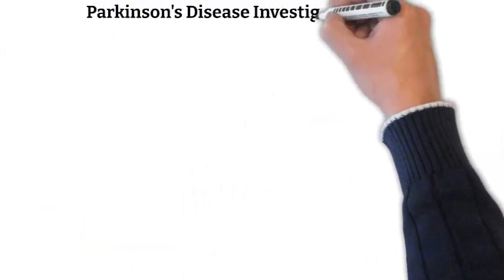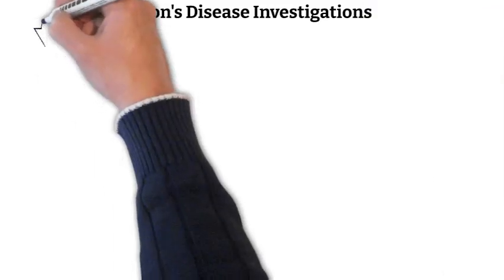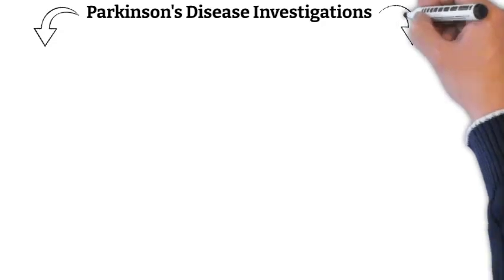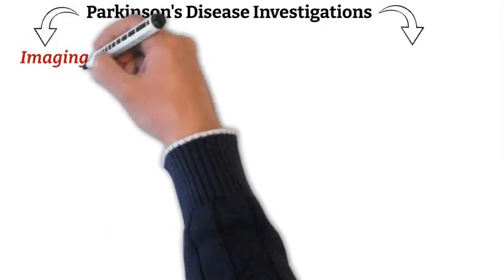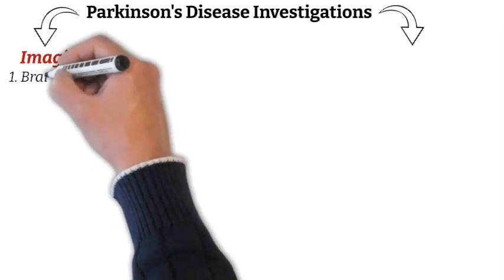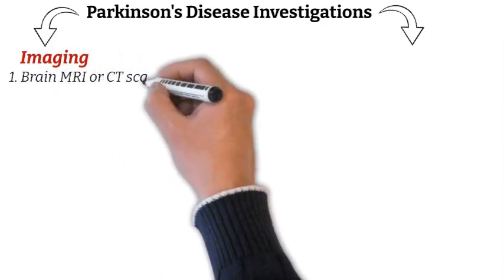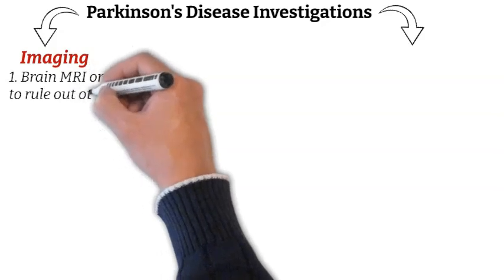Let's move on. Let's talk about Parkinson's disease investigations. So basically, for the investigations, we do imaging and lab tests. For the imaging, we do MRI and CT scan of the brain to rule out other causes.